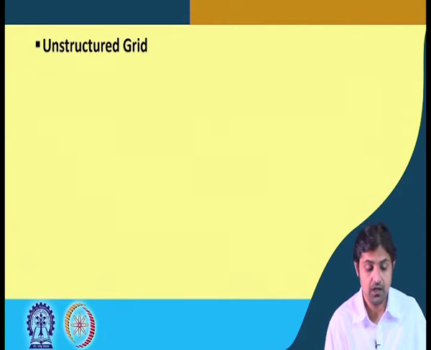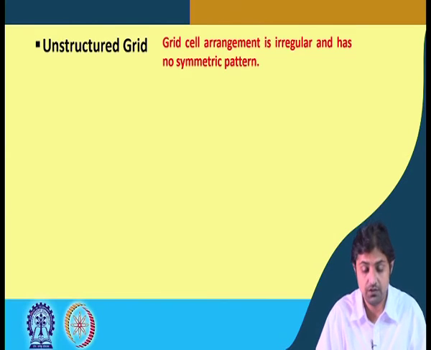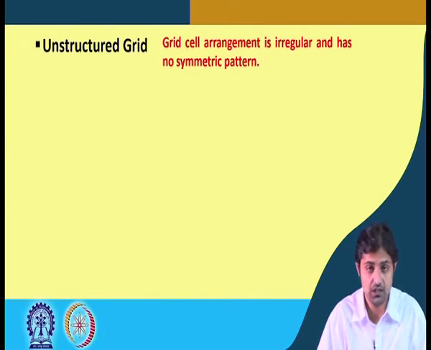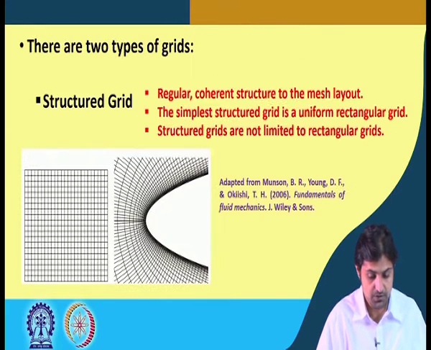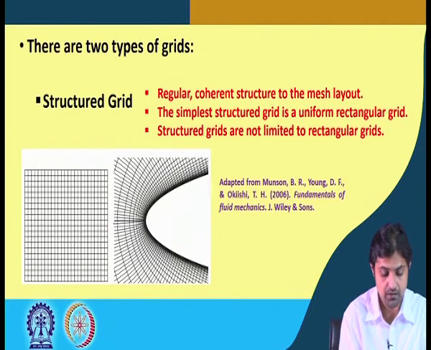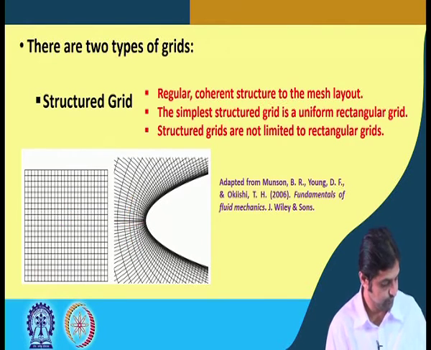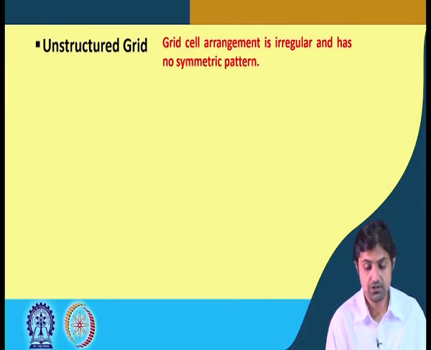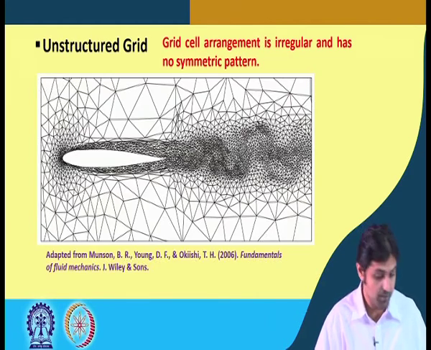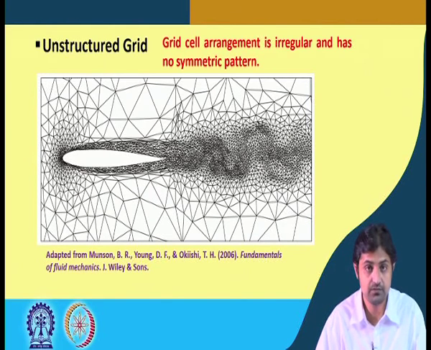The second one are the unstructured grids. So the grid cell arrangement is irregular and has no symmetric pattern. If you see in the last one, there was a symmetry pattern. If you consider this one, you see symmetry across this, and here it is completely symmetric. In the unstructured grids, the cell arrangement is irregular and has no symmetric pattern, something like this.